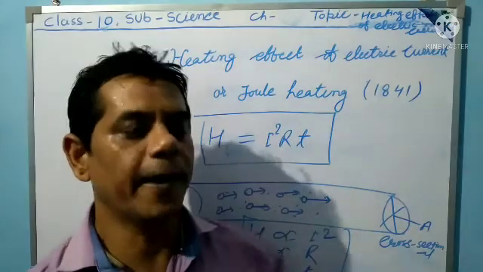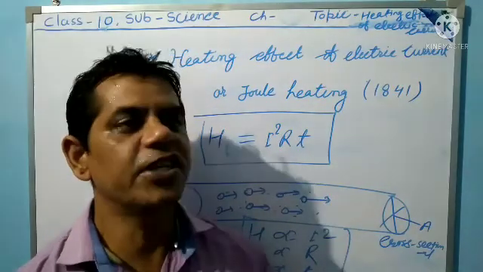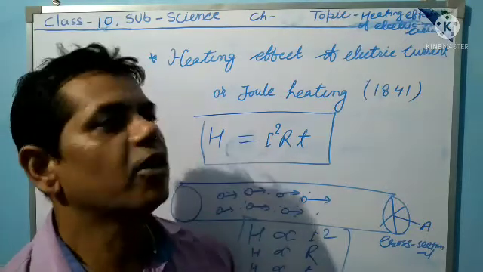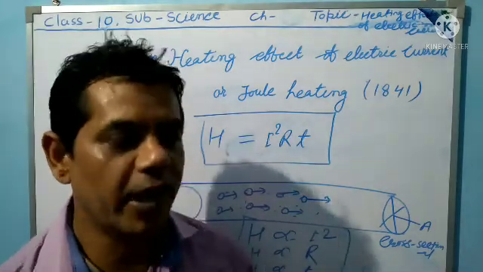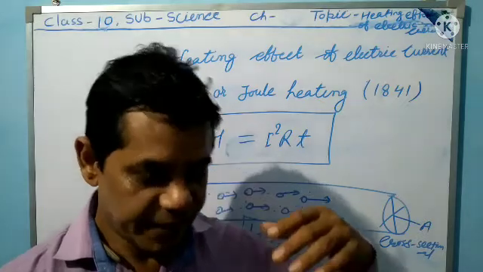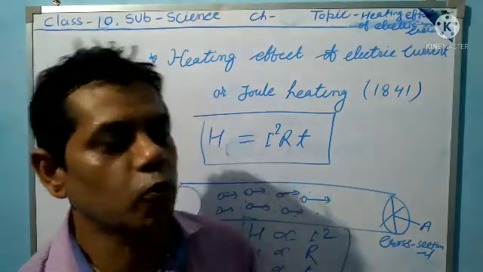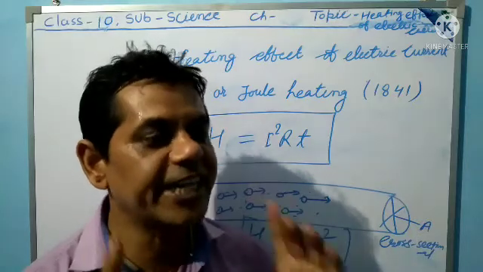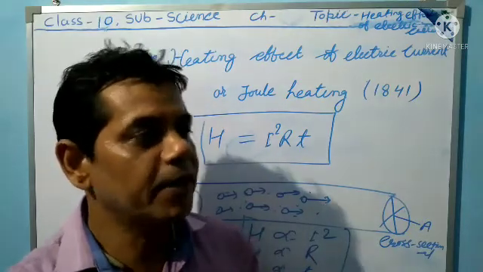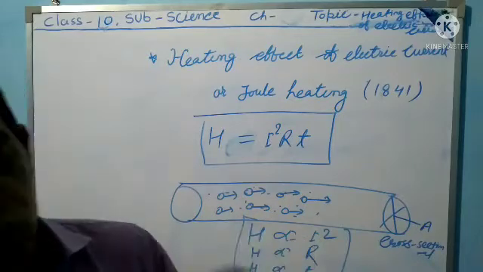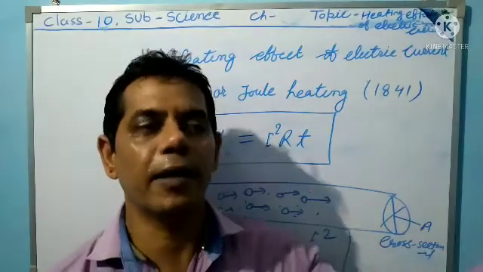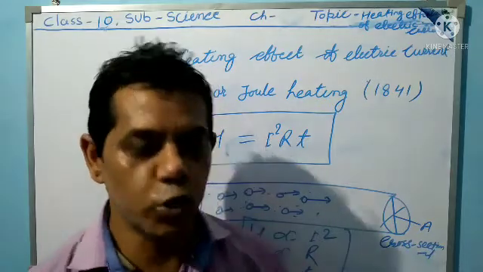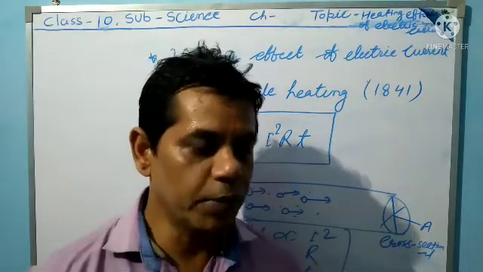If more appliances are used in your homes, different types of wire are required. When electric current passes through a wire, heat is produced, and this effect is known as Joule's heating effect. If a bulb glows in your room, heat is produced and your room is heated.